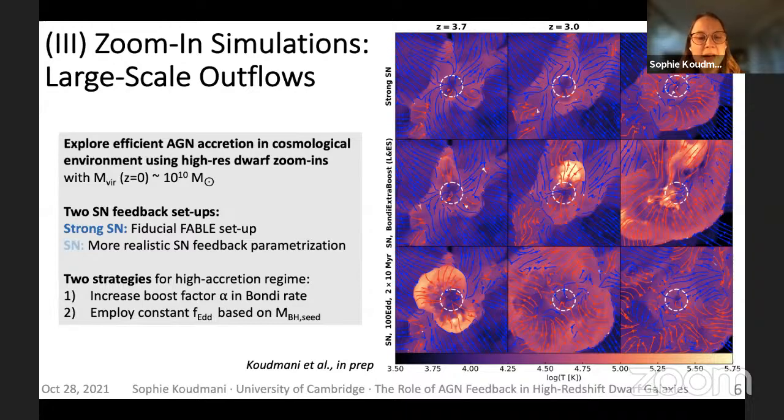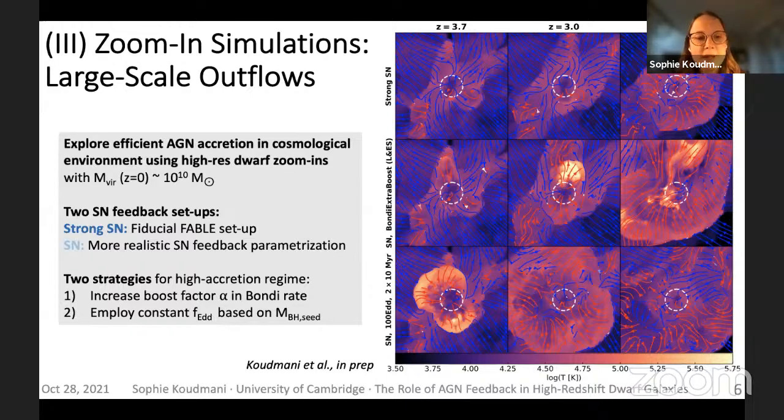So here we assume a high energy wind fraction, as well as efficient coupling with the ISM. We then also have an alternative run where we trial a more realistic supernova feedback parametrization. And the aim is now to see whether this more moderate supernova feedback in tandem with AGN feedback can have the same quenching success as the strong supernova feedback.